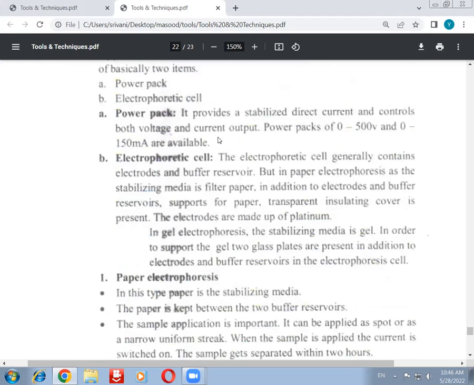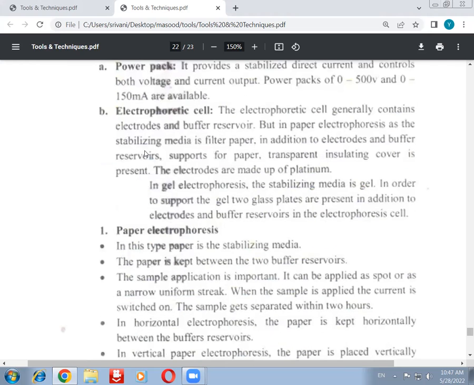Current and voltage are maintained. Power packs of 0 to 500 volts and 0 to 150 ampere are available. For electrophoretic cells in paper electrophoresis, the stabilizing media is filter paper.